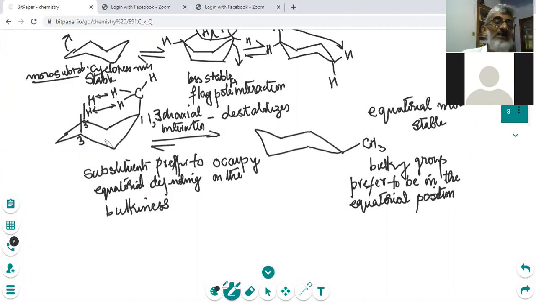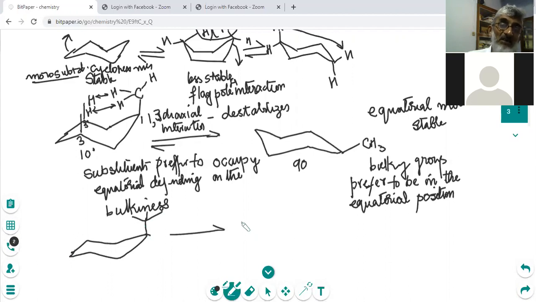If it is a methyl group, you can say 90% is equatorial, 10% is axial. But if it is a T-butyl group like this, 99% will have this form.